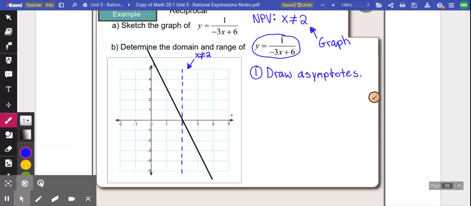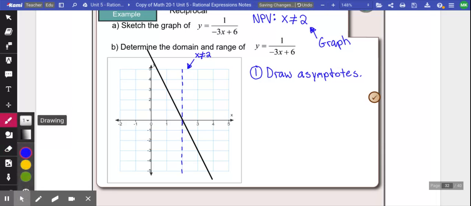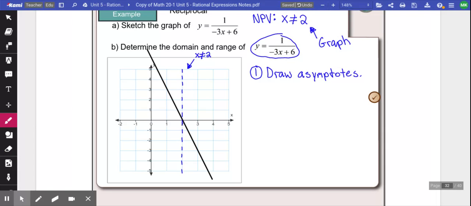So we're just going to take a minute, pause, so we can catch on what's going on here. I feel like it's been a little bit of a rough start. We started talking about NPVs. Now we got these things about asymptotes, and it might be like, what the heck is he talking about? So when I graph a function like this, the first thing I have to determine is where my asymptotes are.